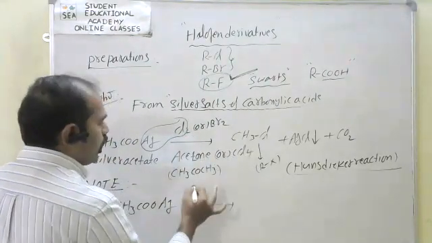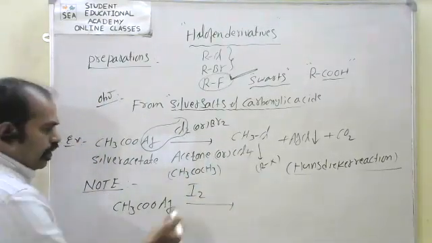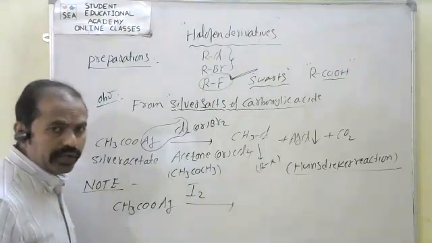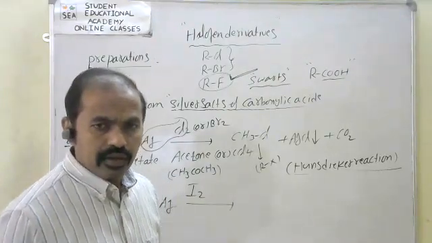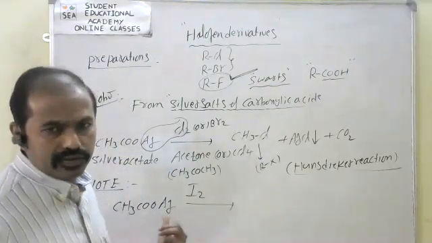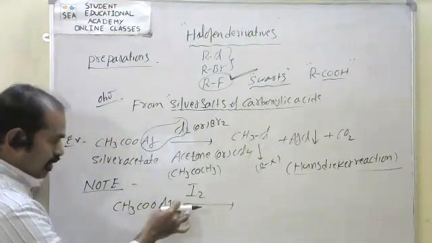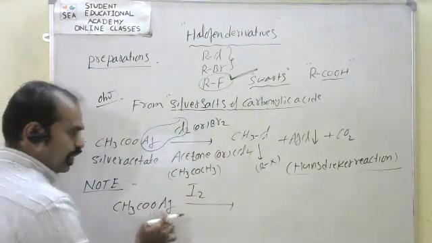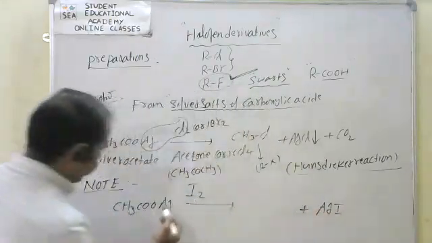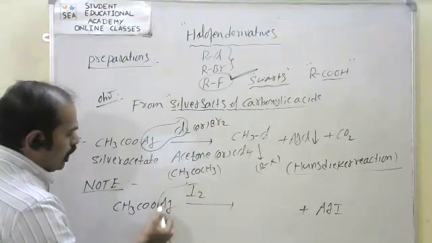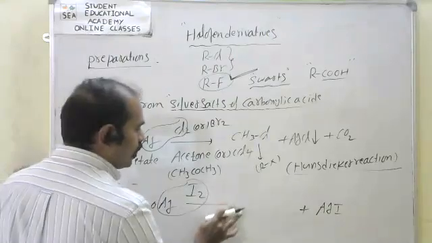So instead of chlorine, if we take iodine, I2, now here, due to the large size of iodine compared to chlorine and bromine, it combines totally with silver and is converted into silver iodide precipitate. Total amount combines.